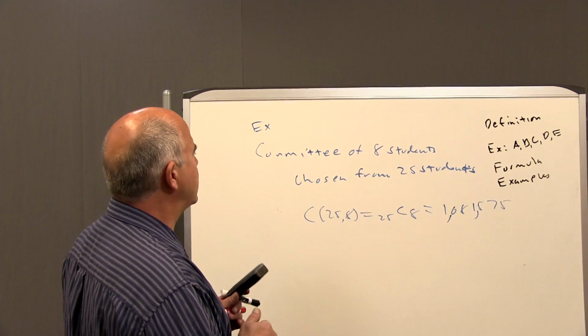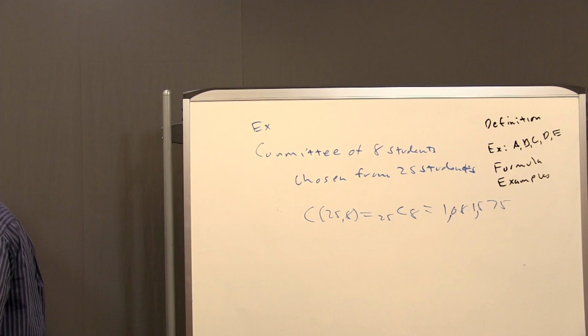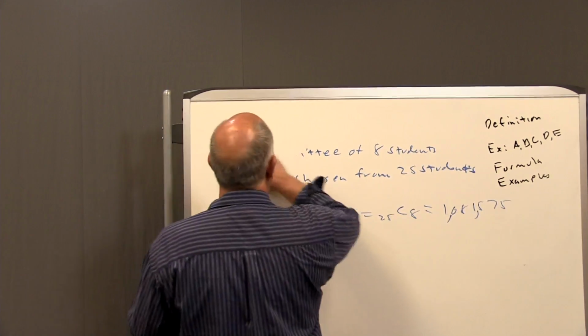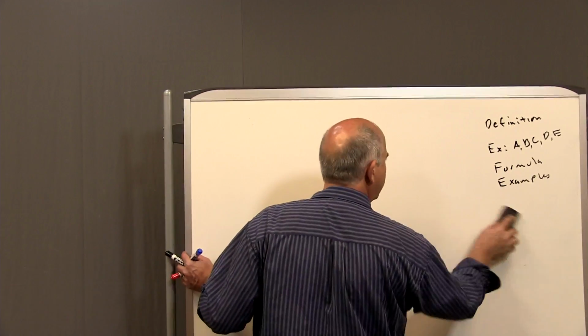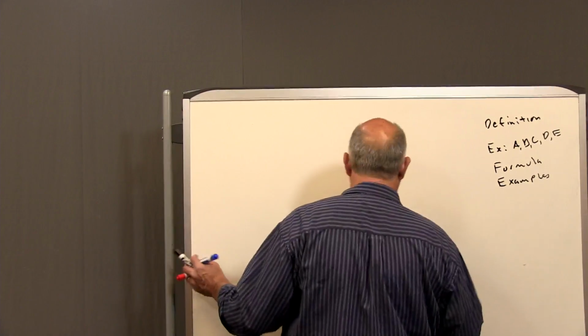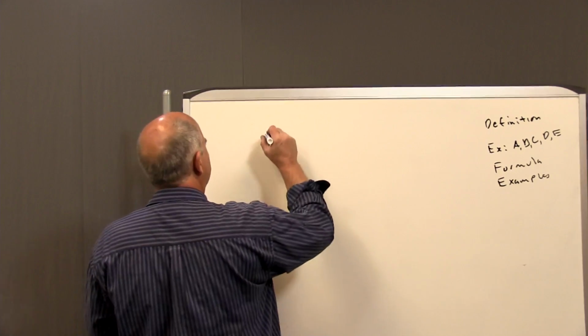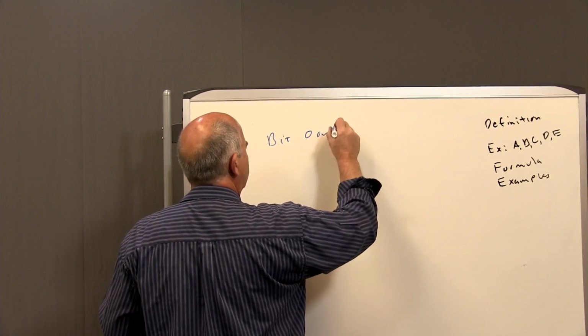So let's see. Or I was going to do example 6 from the book. A bit is a 0 or 1. We do some of these coding examples on and off. So a bit is a 0 or a 1, right?